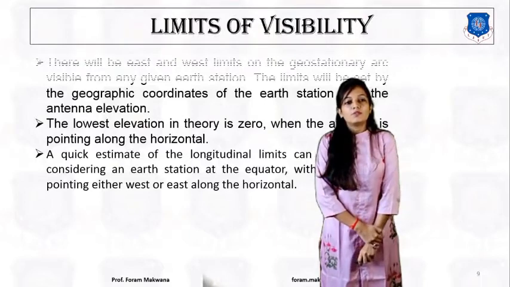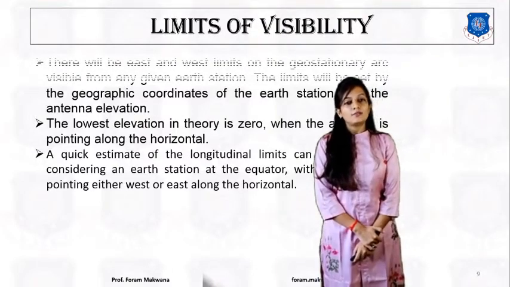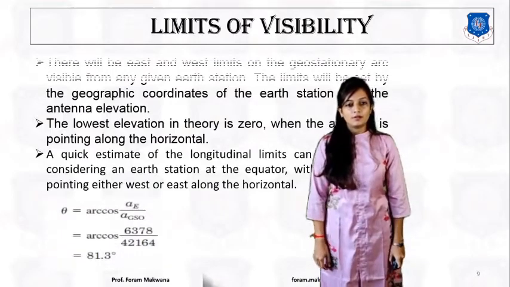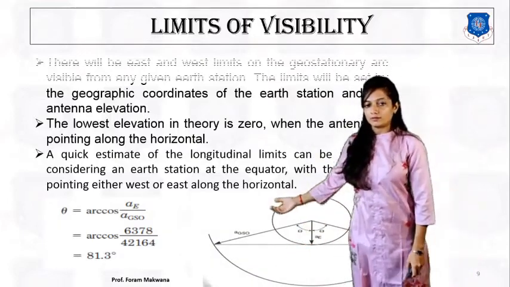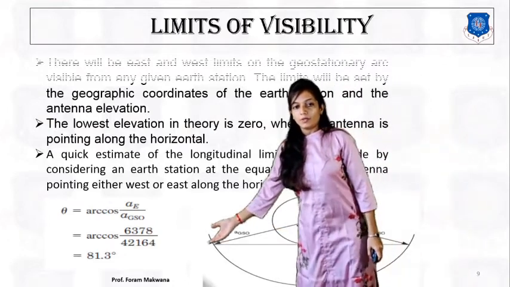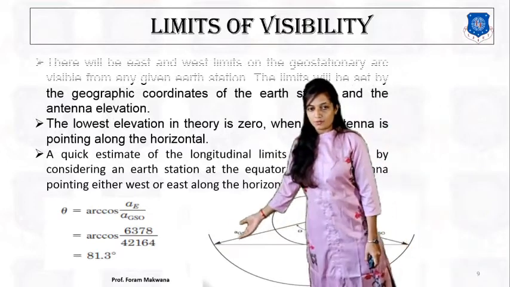Now what are the limits of visibility? We know that there will be east and west limits on the geostationary arc. Like this. This is our earth, and this is our equator. And this is AGS, the radius of the geostationary orbit.